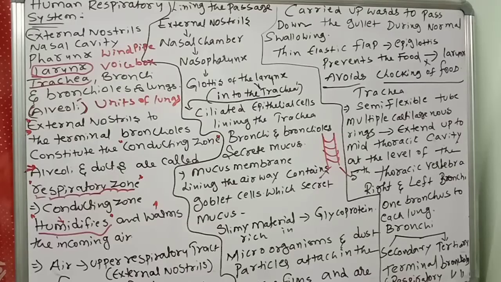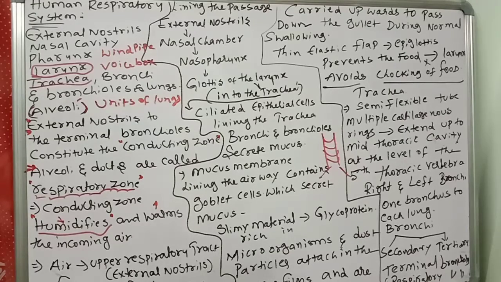Carbon dioxide goes out through the bronchi, and at the same time oxygen comes into the lungs through the bronchi. So the bronchus is a very important structure in respiration.